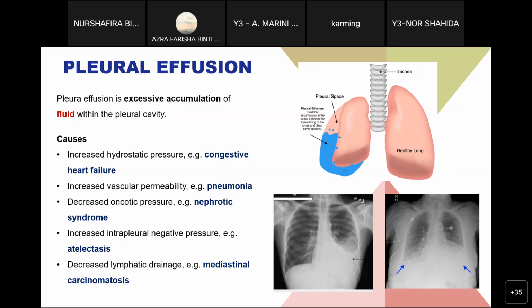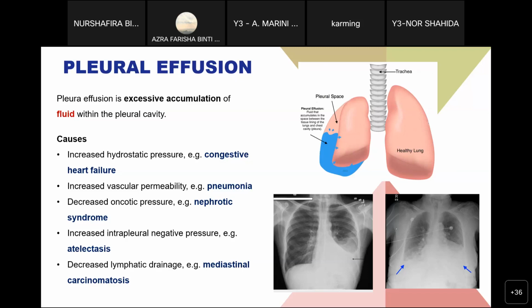So pleural effusion occurs either when production exceeds reabsorption or when the mechanism of reabsorption is disrupted. The more common cause is that the mechanism of reabsorption has been disrupted.